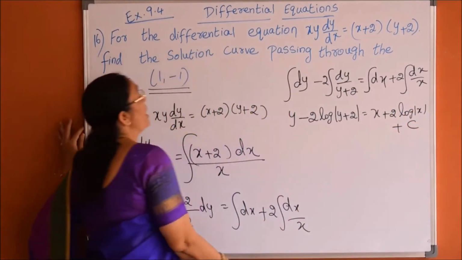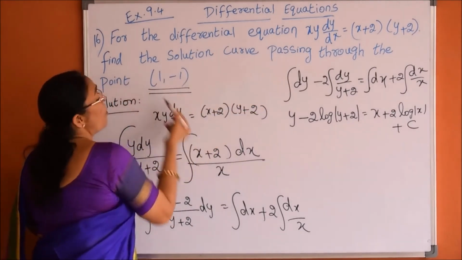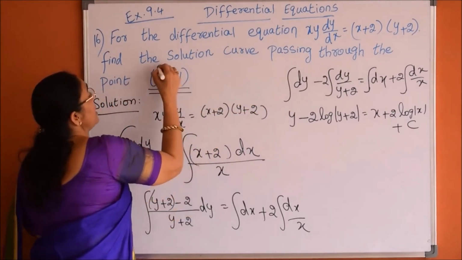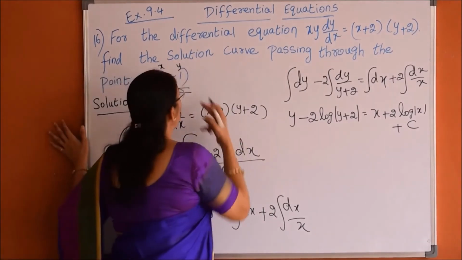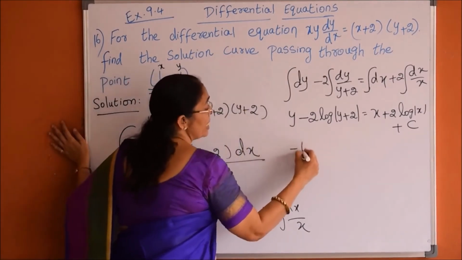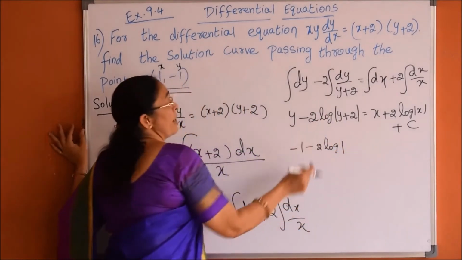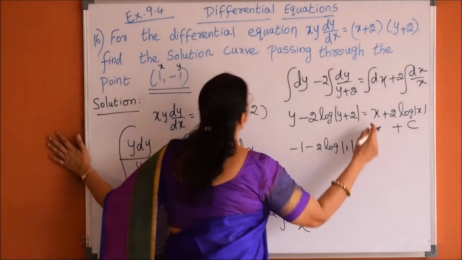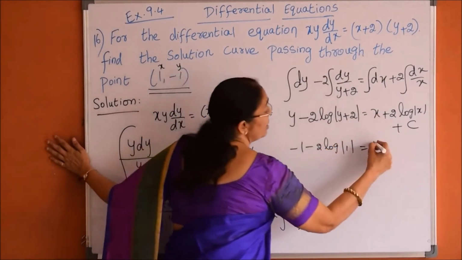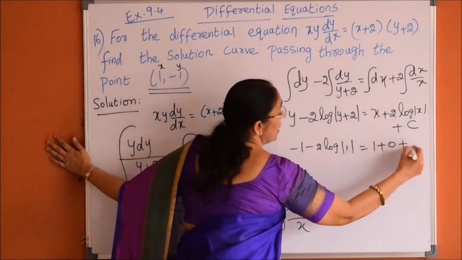Now, to get the value of c, it is given that the curve is passing through the point 1 comma minus 1, that is x is 1, y is minus 1. Let us substitute these values. y is minus 1, minus 2 log mod y plus 2, so minus 1 plus 2 is 1. So, log 1 will become 0, and x value is 1, 1 plus 2 log mod 1, again 0, plus c.